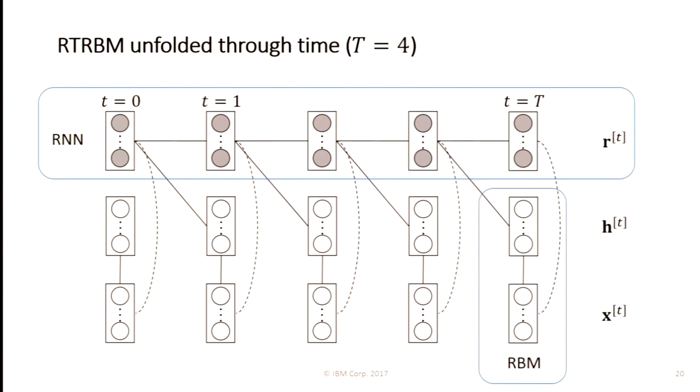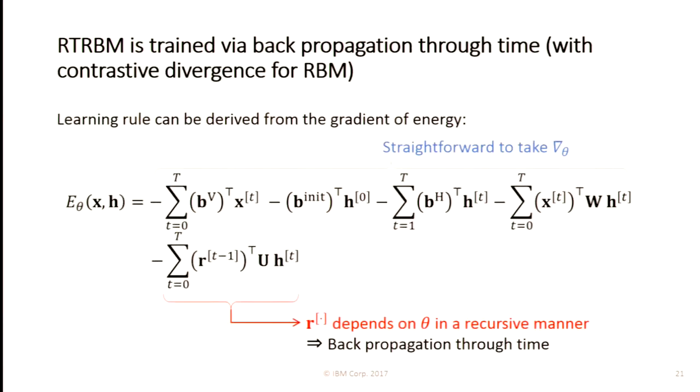So once you know the form of the energy, you can take the gradient of the energy and apply the gradient-based method. The energy of this recurrent temporal RBM looks like this. It is straightforward to take the gradient for the first several terms, but the last term is different from the standard case.